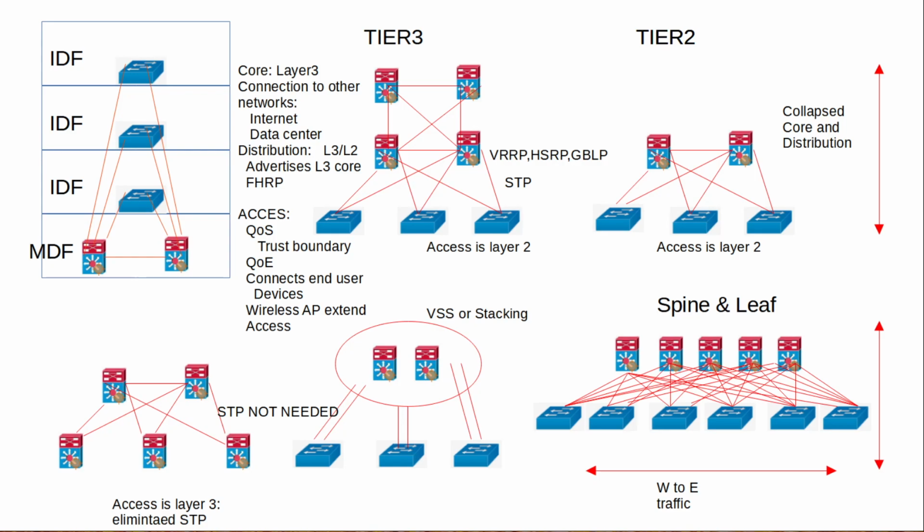So if you use these technologies, you can have redundancy between your distribution and your access layer using EtherChannels. EtherChannels will provide you with redundancy and still without the need of a spanning tree protocol, which is also a good thing.